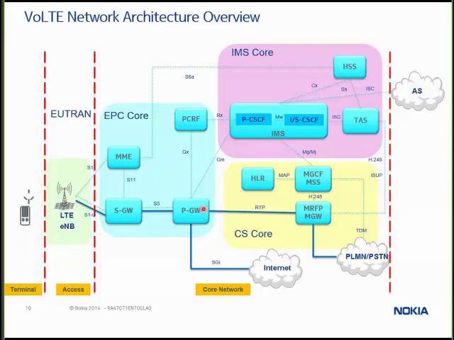Now the voice itself will flow over the data path. That means it's a data flow, and it uses a protocol called Real-time Transport Protocol. Obvious name, because it's real-time traffic that we're carrying. In this case, particularly voice, but it could be video, it could be something else over that real-time protocol.